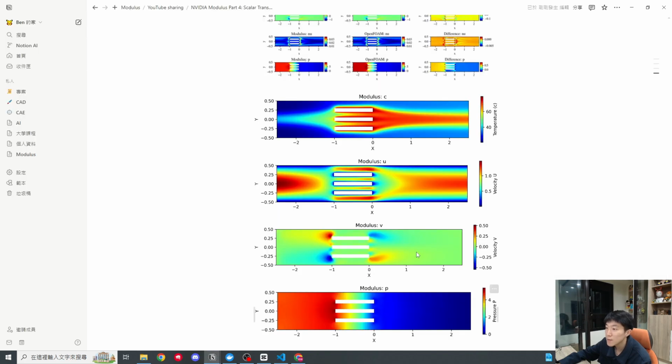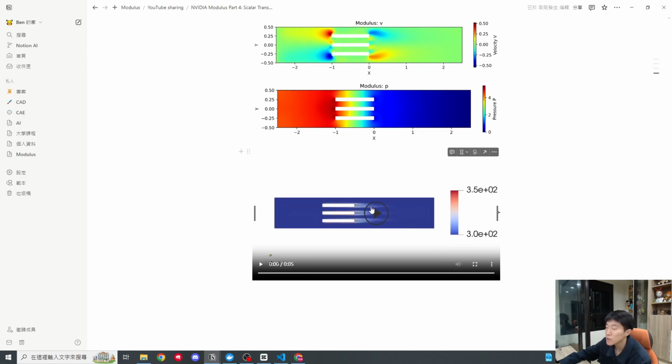And I also used OpenFOAM to simulate this problem. But I think this also has some problems, like I don't use the parabolic inlet. I have no idea how to use that. So if you have some idea, you can share with me.